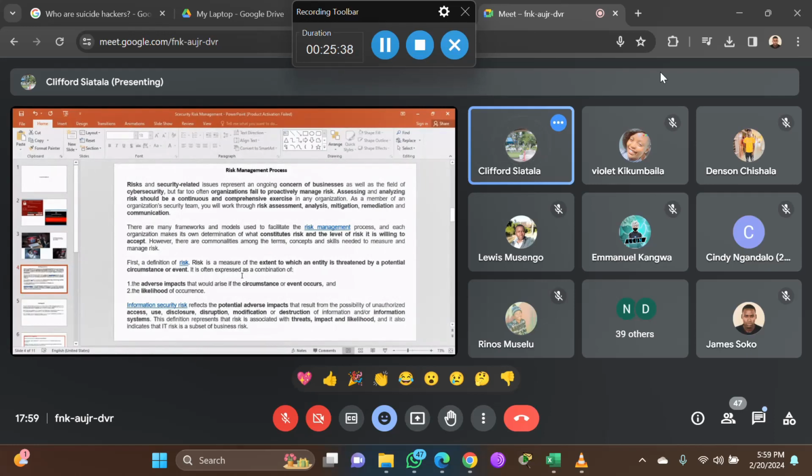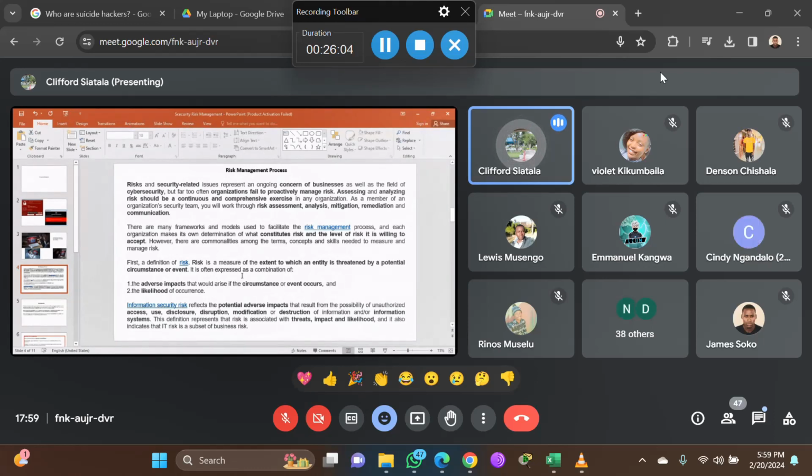Okay? So risks and security related issues represent an ongoing concern of businesses as well as the field of cybersecurity. But far too often, organizations fail to proactively manage risk.